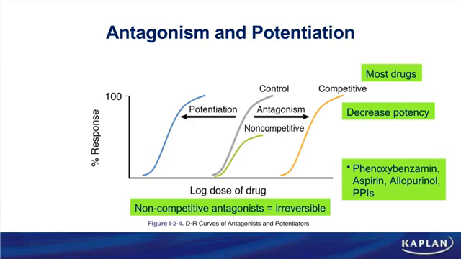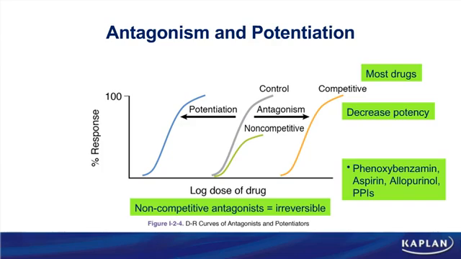Competitive antagonists, on the other hand, those are reversible binding. They're going to reversibly inhibit the receptor. And it's all about the type of bonding that takes place. A competitive antagonist binds to the receptor through weaker ionic bonds. Non-competitive drugs most often are going to bind by very strong covalent bonds, making them irreversible.